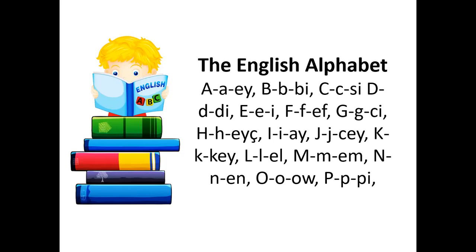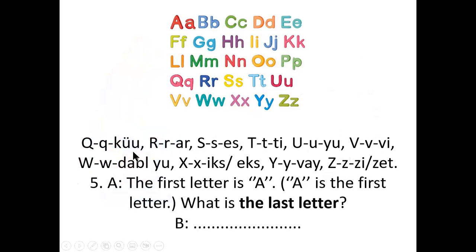A, B, C, D, E, F, G, H, I, J, K, L, M, N, O, P, Q, R, S, T, U, V, W, X or X, both are possible, Y, Z or Z, both are possible.